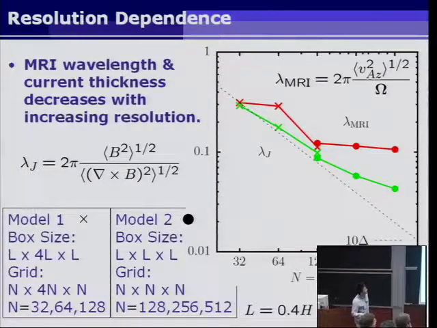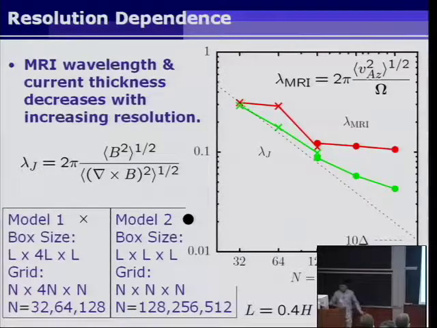As you can see, as the grid number is increased, this scale goes smaller. Obviously, if the resolution is insufficient, this kind of structure is just defined by the grid size, because it's always about 10 grid sizes. We can see some deviation from this line, but it's still not fully converged.